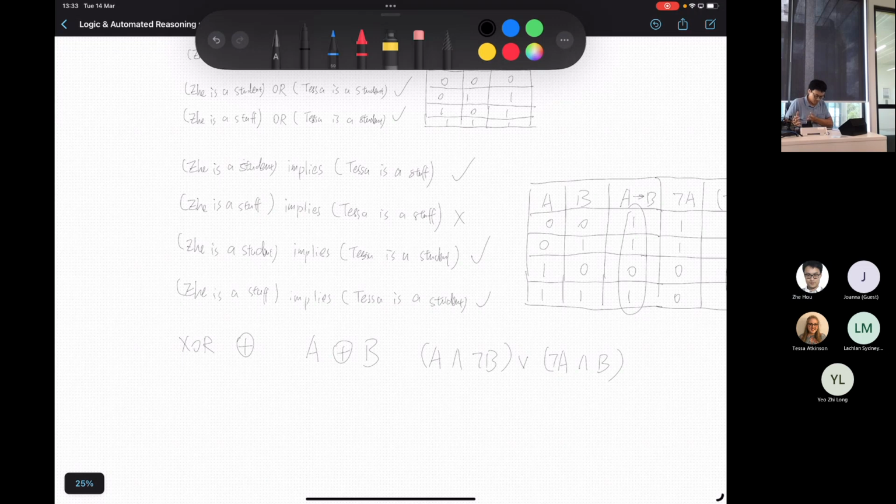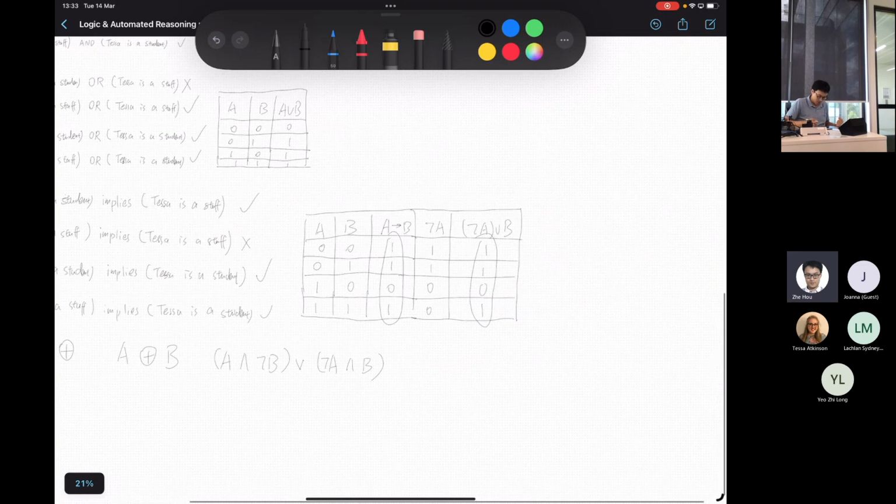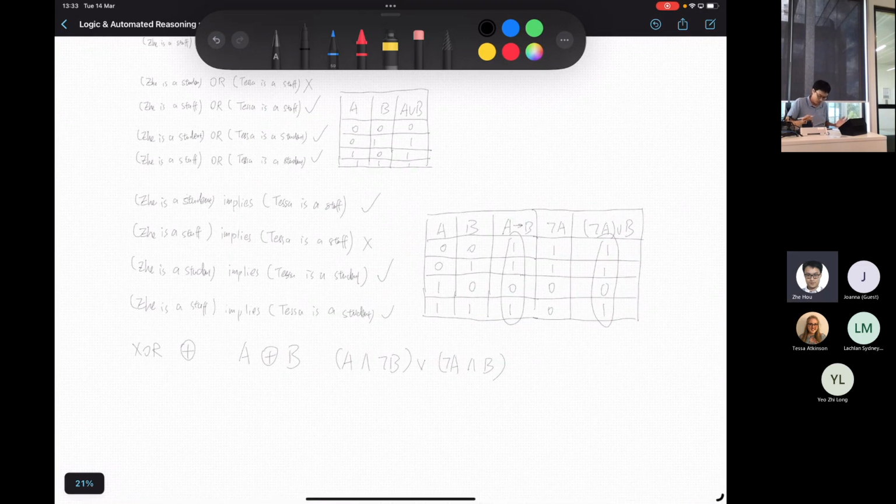Okay. So that's how XOR is defined using the existing logical operators we've got. Okay. Now, I don't think we need any examples like that, but we can have the truth table right there.